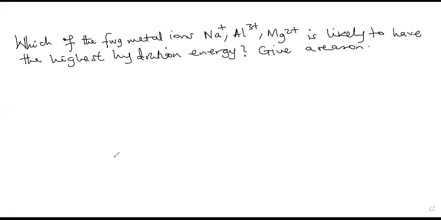So here, I think you can see that aluminum has the highest ionic charge. And when the ionic charge is high, then the ionic radius is small.